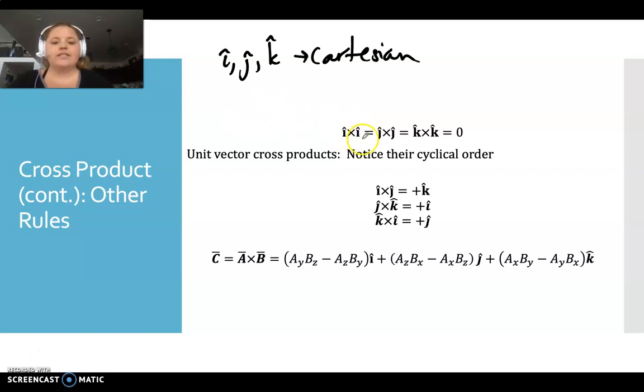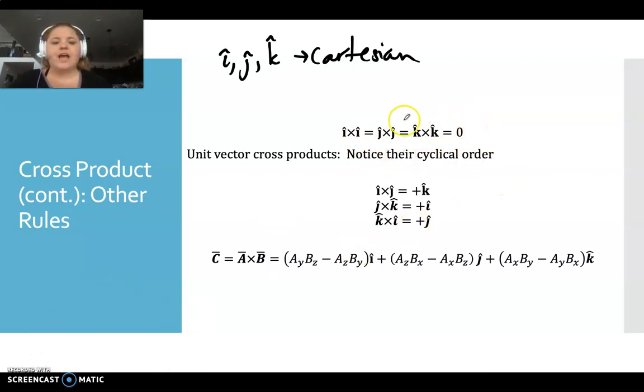If we take our unit vectors and cross them, so we have i cross i, the same unit vector crossed with itself, the result is always 0. So we have i cross i, j hat cross j hat, or k hat cross k hat, it all equals 0.